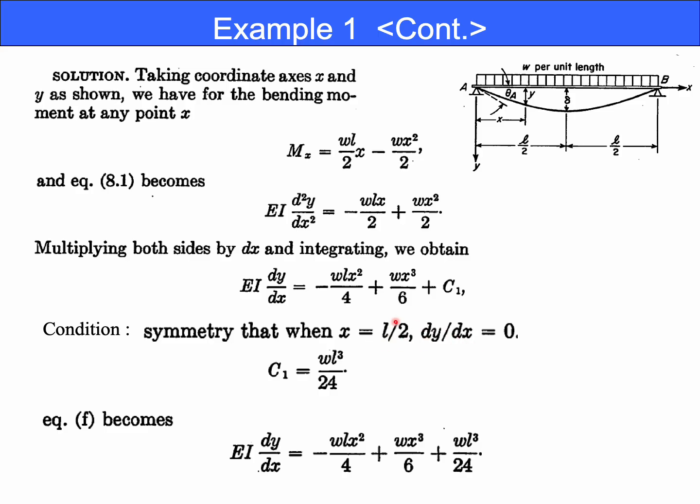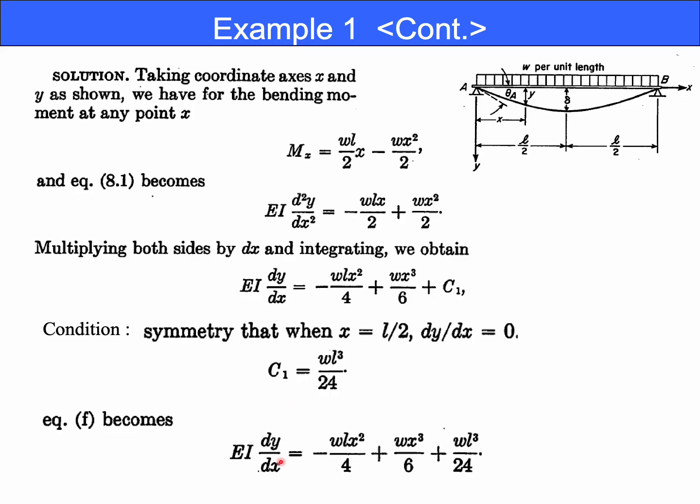By substituting this value into this, you obtain C1 equals w L cubed over 24. So the slope equation becomes this. On the left-hand side, you still have the derivative of the deflection.